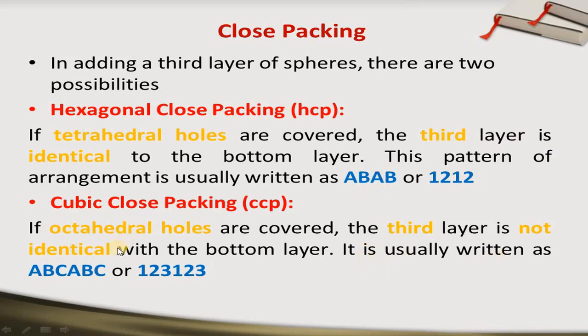Cubic closed packing is usually written as ABC type of packing or 1-2-3-1-2-3 type of packing. So these are 2 types of closed packing: hexagonal closed packing, which we also call HCP, with AB or 1-2-1-2 packing, and cubic closed packing, which we also call CCP, with ABC or 1-2-3-1-2-3 packing.